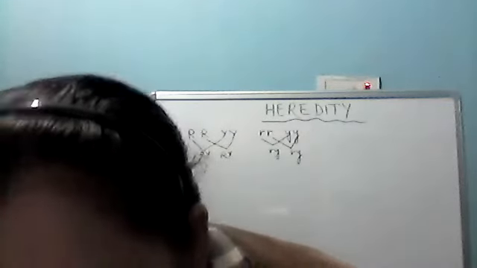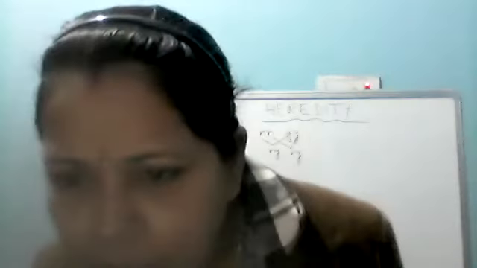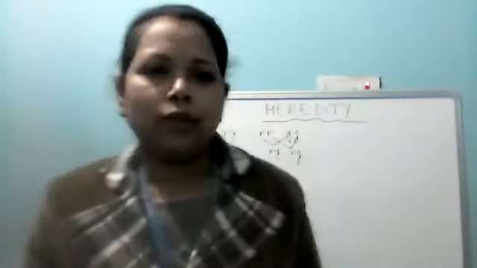Yes, that they occur in pair, and that is the law of segregation. According to the law, traits are determined by internal factors that occur in pairs. Yes, you are right, that's what I am saying. So this is the law of segregation. By making a monohybrid cross, you can explain these two laws.